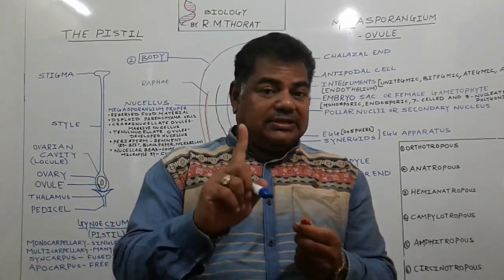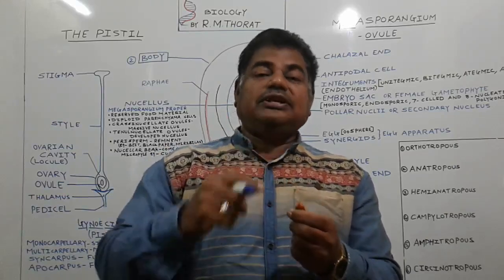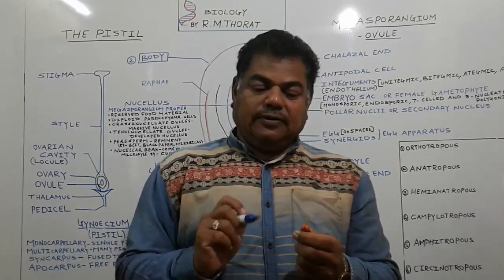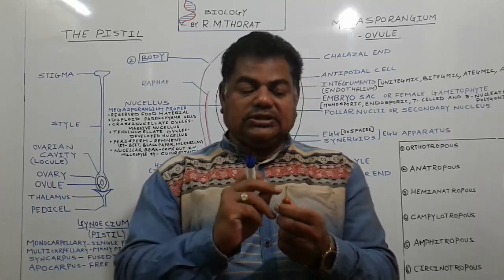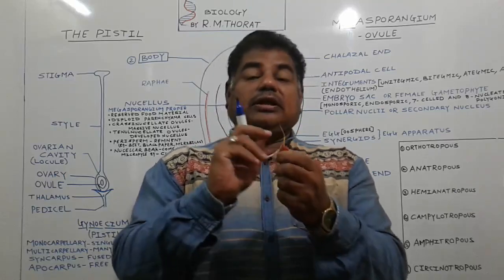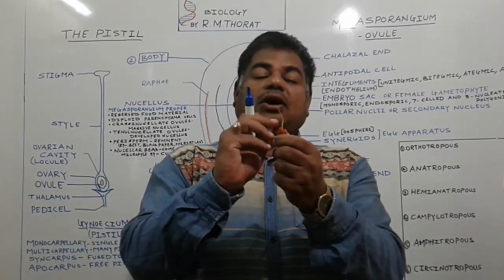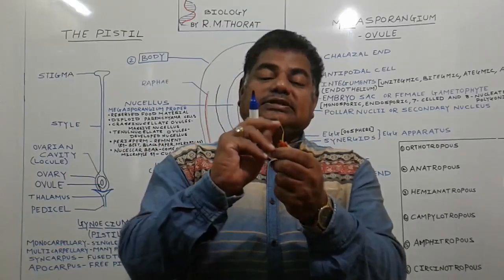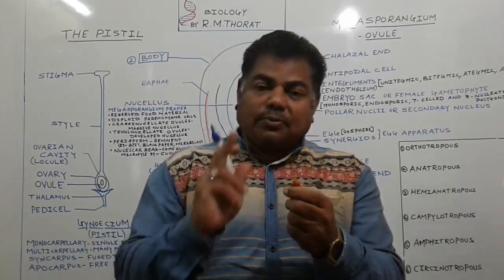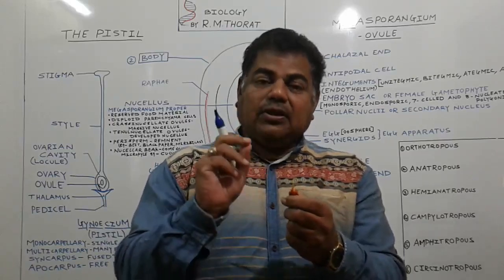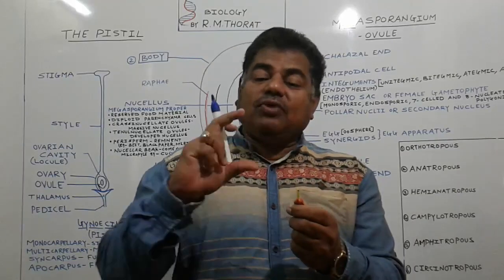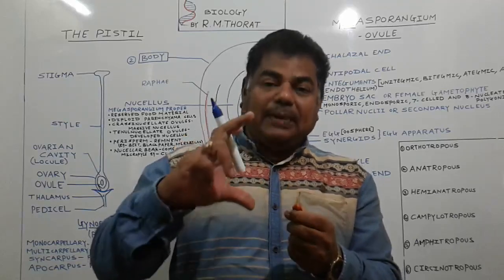So if this structure is made up of only one leaf, because a leaf gets modified into this structure, a flower is nothing but a modified leaf, a modified shoot. Now if this gynoecium is made up of a single leaf, we call it one pistil, one carpel.